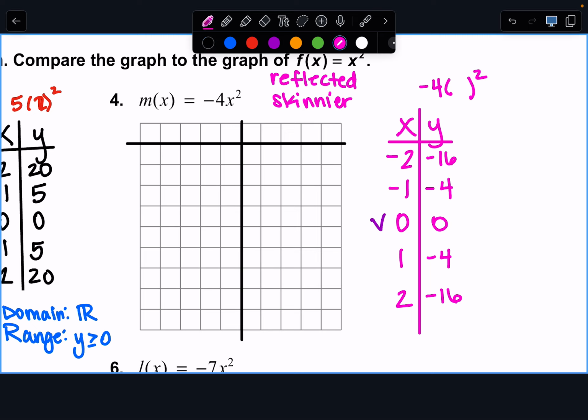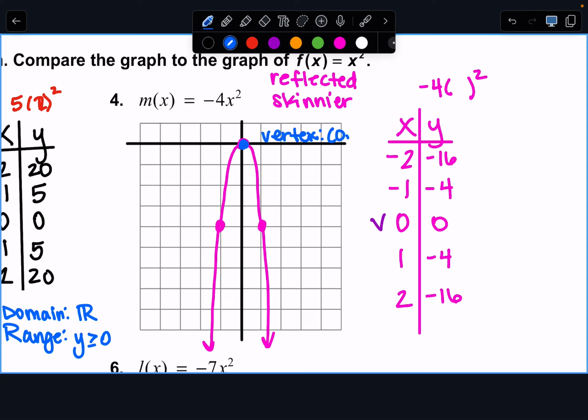We have 0, 0, 1, -4, negative. I'm not going to be able to fit the 16, am I? So which numbers are we supposed to use?